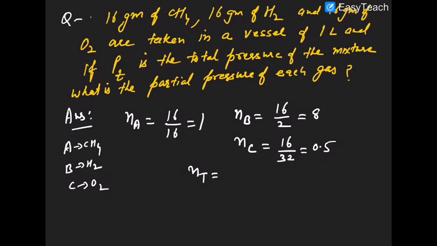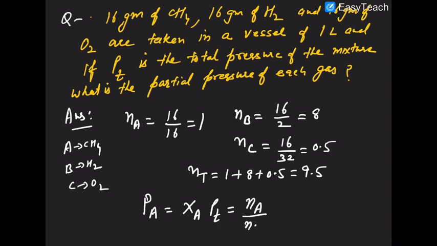So N total comes out to be 1 plus 8 plus 0.5, which is 9.5. If you ask me the partial pressure of gas A, that will be the mole fraction of gas A into P total. So what is the mole fraction of A? That is the number of moles of A by N total, into P total. So it is 1 by 9.5 into P total.